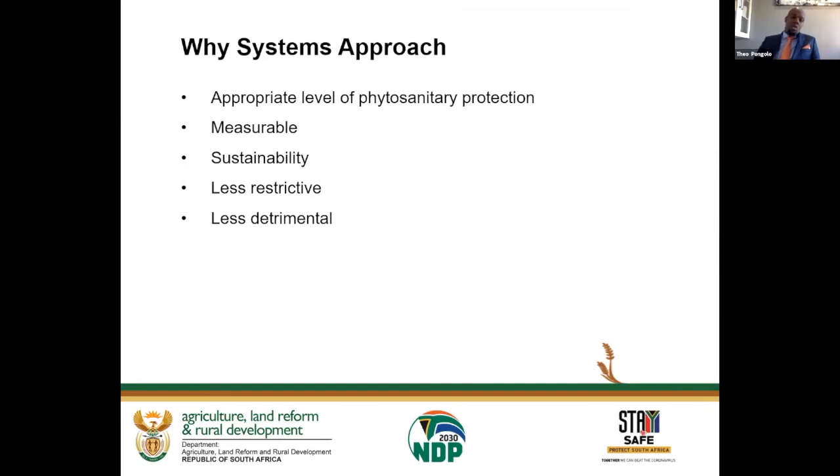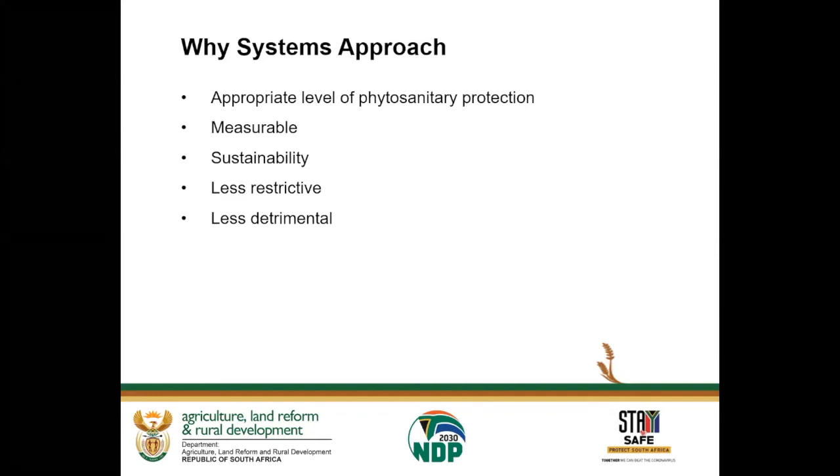The systems approach is also measurable. Like Megan mentioned, when you realize at a critical or control point that you haven't met your threshold or the outcome you expected, you can always adjust, add, or correct. It's also a sustainable measure because we use fewer chemicals in terms of our compliance.